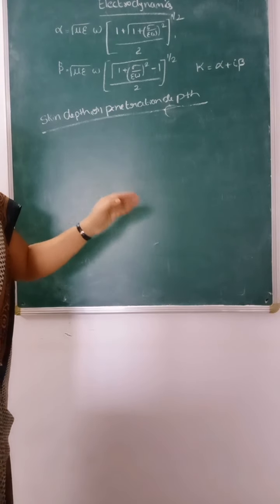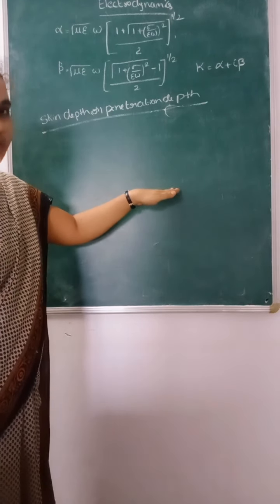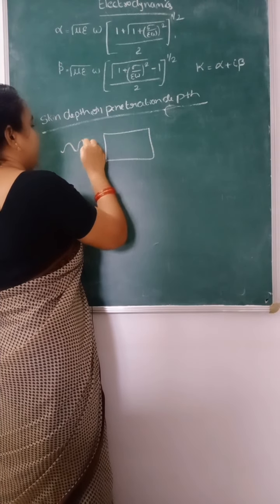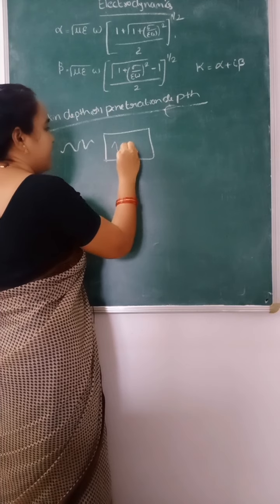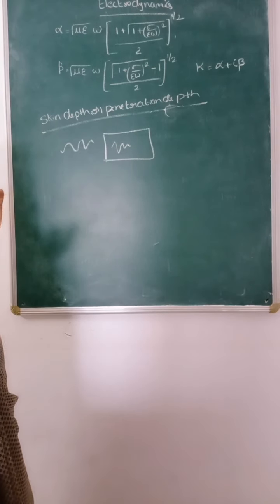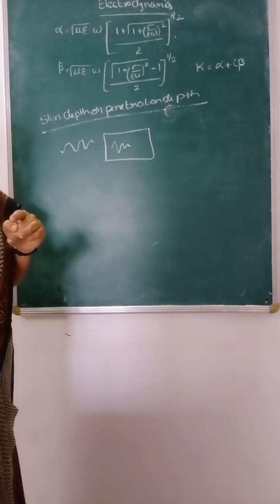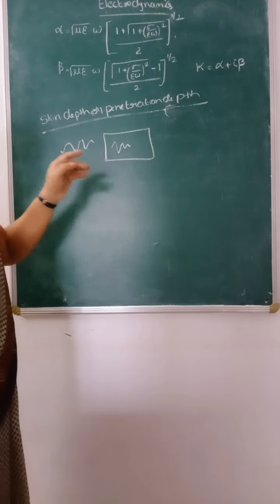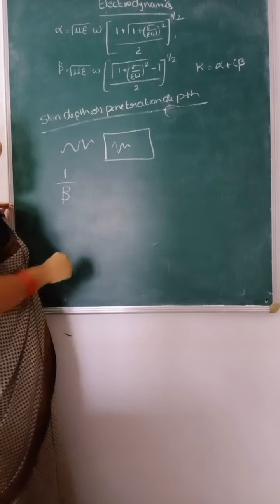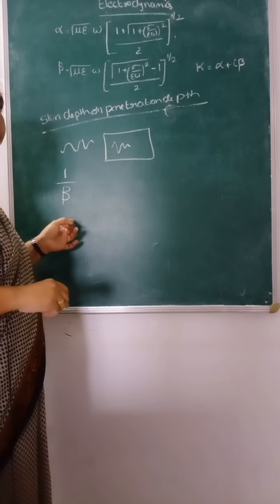So the plane electromagnetic waves are attenuated inside the conducting media. This attenuation is described by the skin depth or penetration depth, which is measured with the value 1 by beta. Beta is called the absorption coefficient.